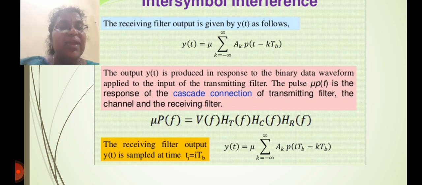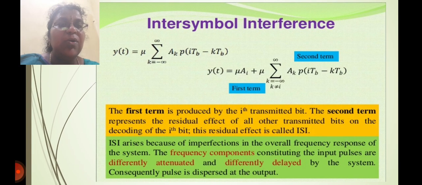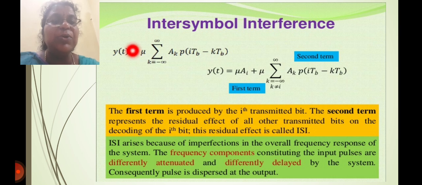Then we can write this equation y(t) as μ Σ (k = -∞ to ∞) a_k p(iT_b - kT_b). Now this can be split into two terms.